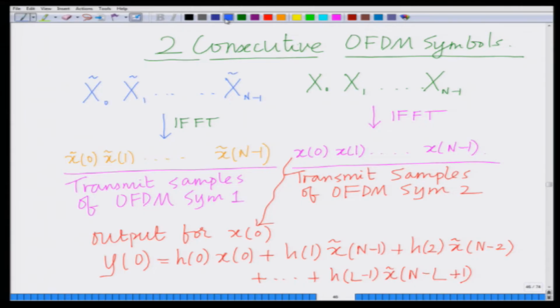Now, if you look at this received OFDM symbol, you can see that y of 0 equals h of 0 times the sample small x 0 plus h of 1 times the previous sample, but the previous sample comes from the previous OFDM symbol, that is x tilde of capital N minus 1, plus h of 2 times x tilde of capital N minus 2, so on and so forth, h of L minus 1 times x tilde of n minus L plus 1.